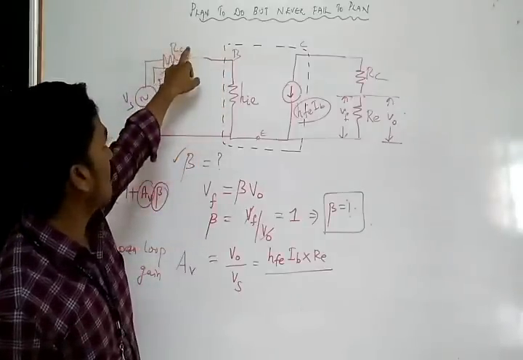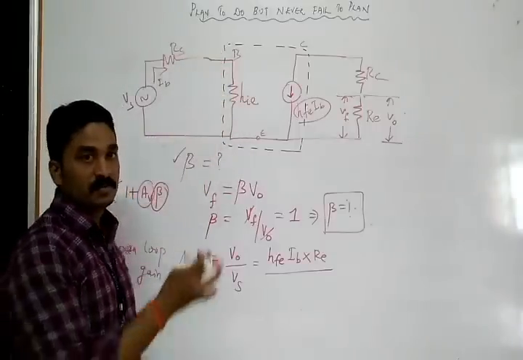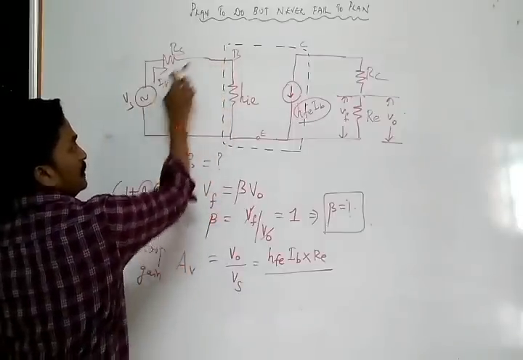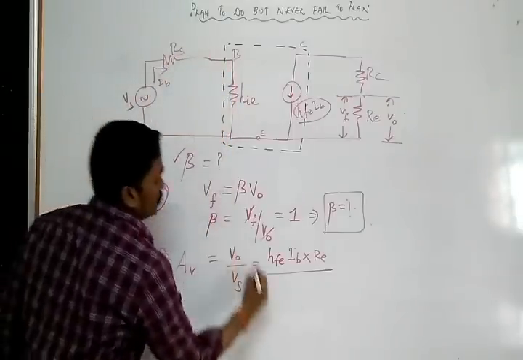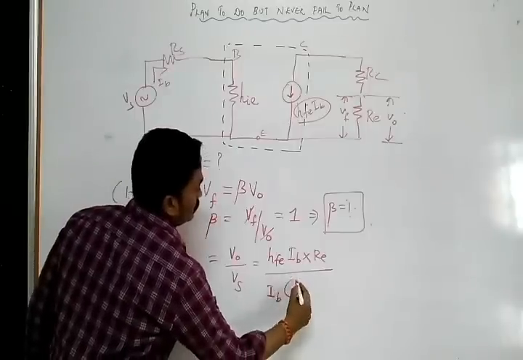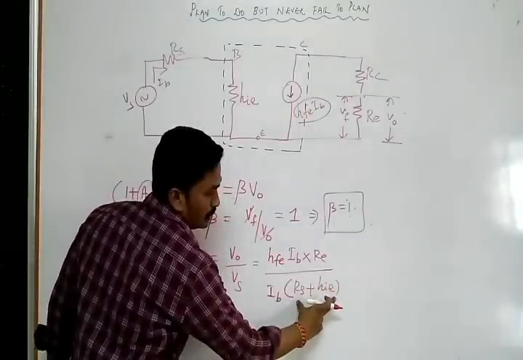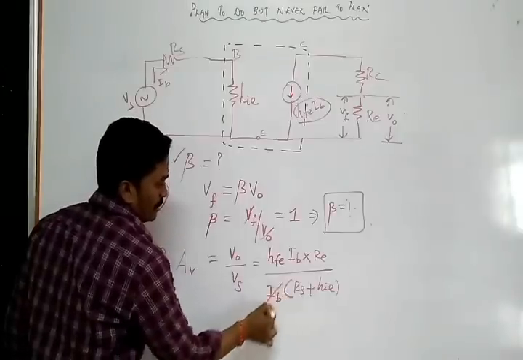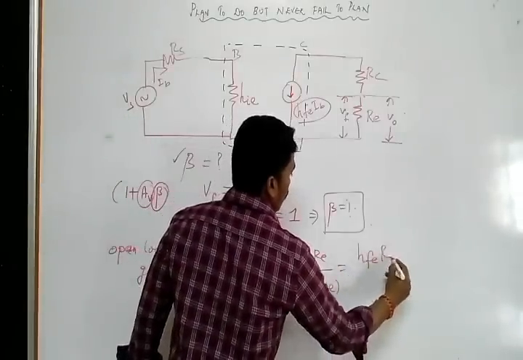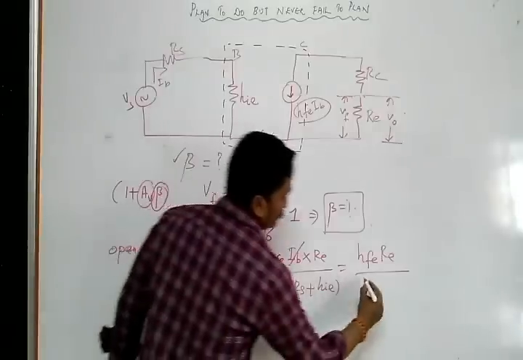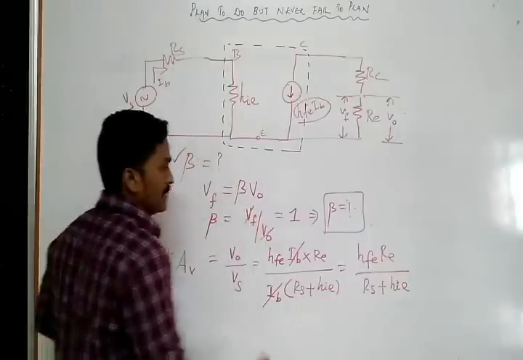So IB into RS plus IB into HIE will give you the total voltage drop, because according to the KVL, this voltage drop is equal to this plus this. So IB into RS plus HIE, I into the total resistance at the input side. So IB gets cancelled. We will get HFE RE divided by RS plus HIE. This is your AV value.